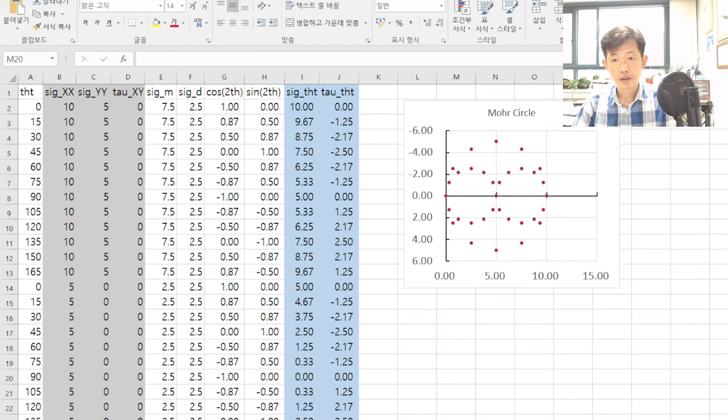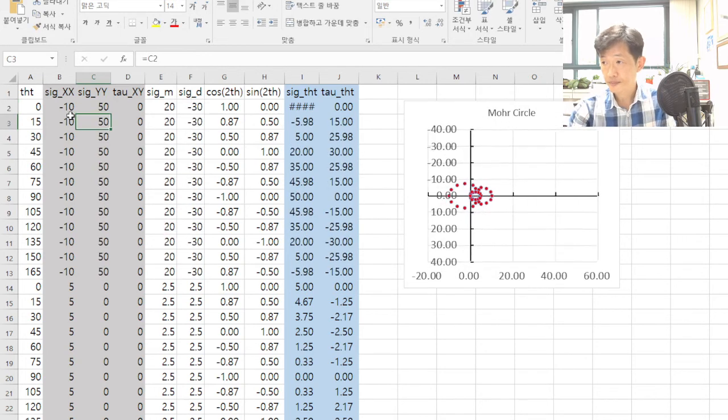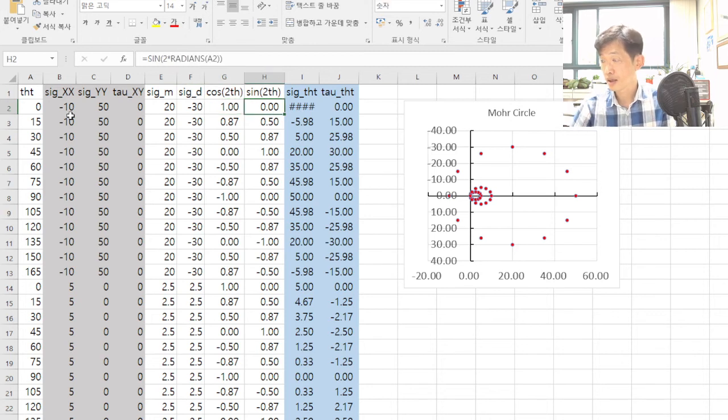Okay, so I built a spreadsheet, and here first I'd like to talk about the XY plane, where sigma XX was equal to minus 10, and sigma YY was equal to 50. Then we can calculate the mean stress and the stress difference and the cosine and sine, and then I can obtain a Mohr circle.